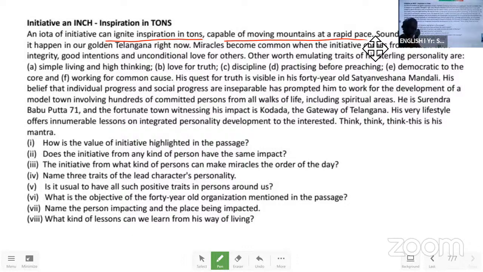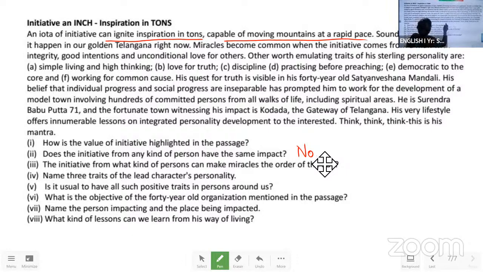Does the initiative from any kind of person have the same impact? You can't say the same. Just like all the fingers are not same, no two persons can be same. The initiative from what kind of persons can make miracles the order of the day?